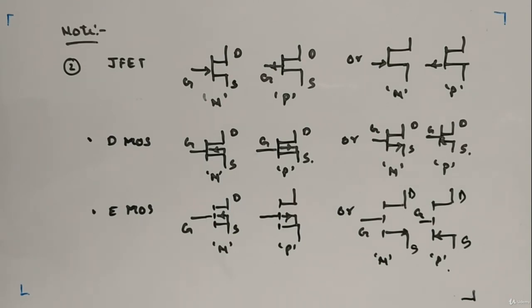You might have seen some of the examples in the fact section, but this time I will try to be as elaborate as I can, so that you get a clear picture of P type as well as N type MOSFETs. With respect to what we have learned graphically, drain characteristics and transfer characteristics, with respect to that we will solve the questions.